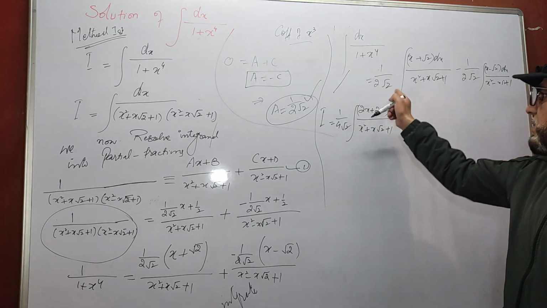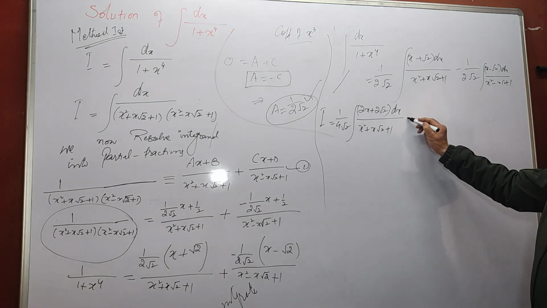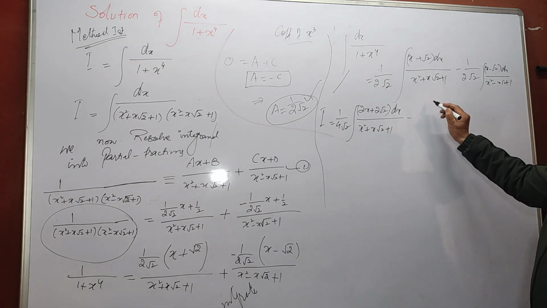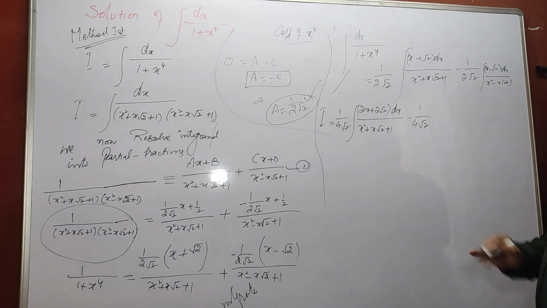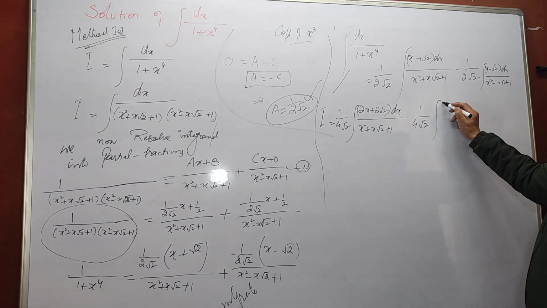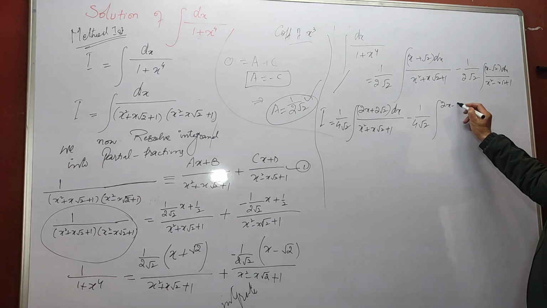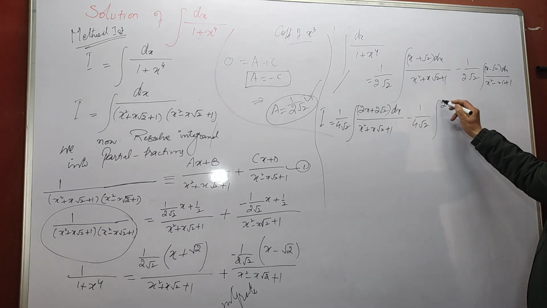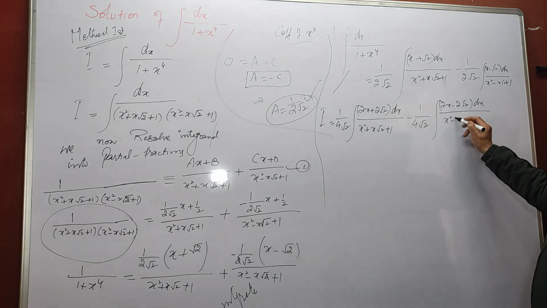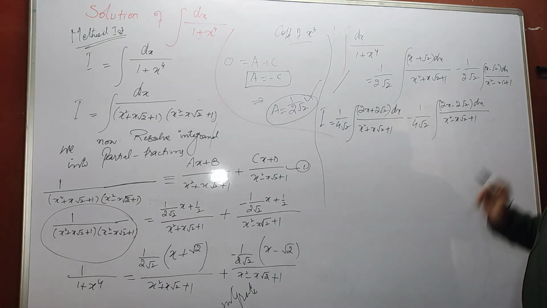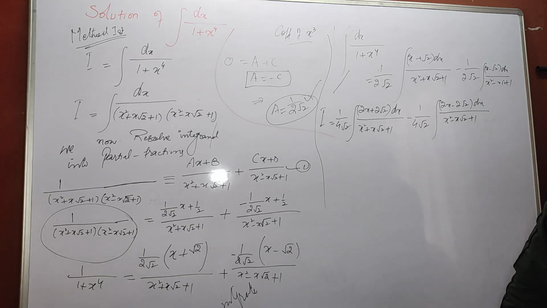Similar is the case here. This is minus 1 by 4 root 2 integral of 2x minus 2 root 2 dx upon x square minus x root 2 plus 1. I have already told you this method is a bit lengthy, and this is your first method where you use the concept of partial fractions.